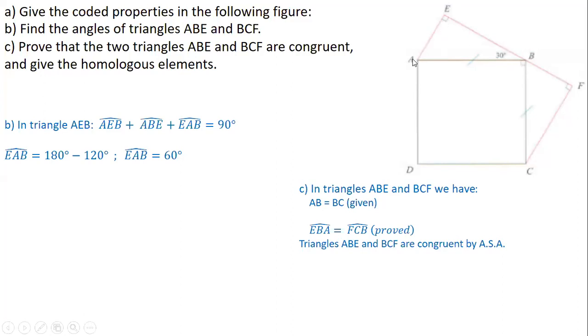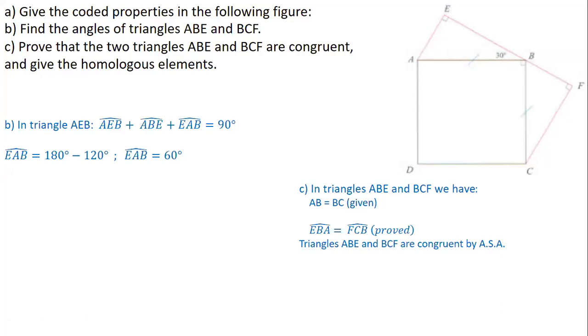I can say AEB is right at E, or I can say angle AEB is equal to 90 degrees. Angle ABE is equal to 30 degrees. Angle BFC is equal to 90 degrees. We do not have any other coded property.